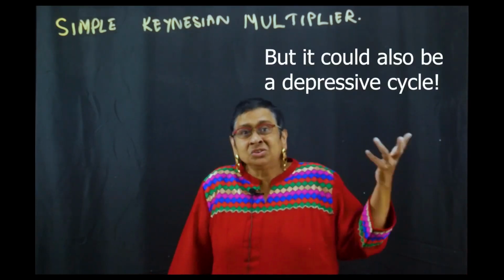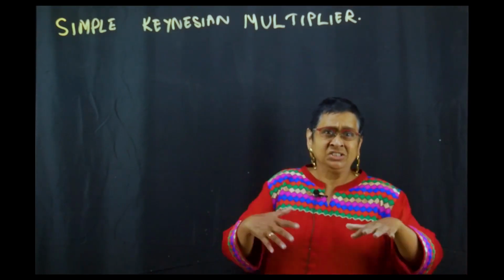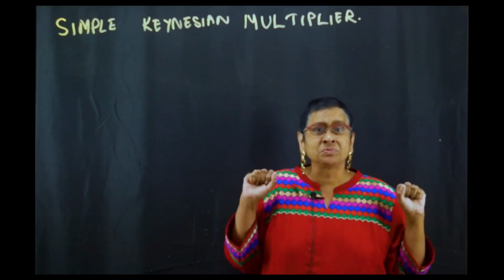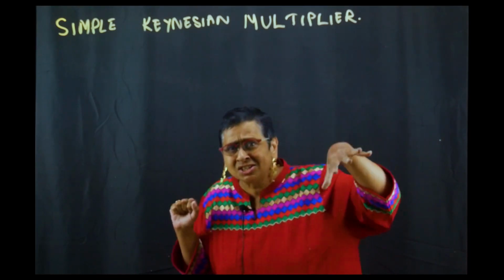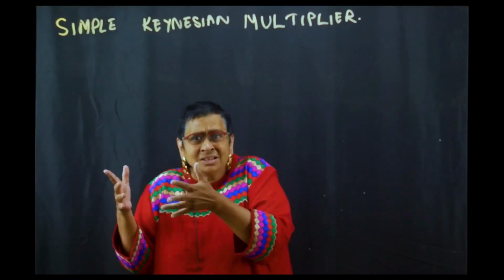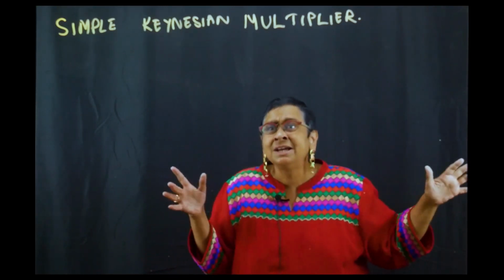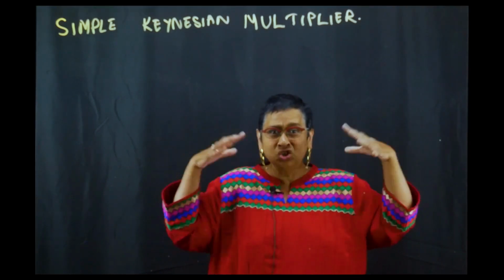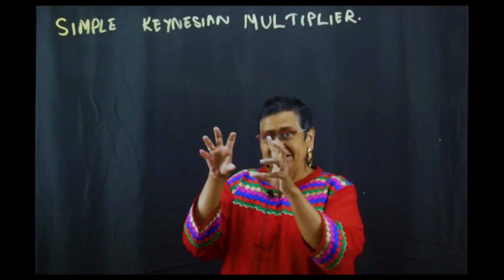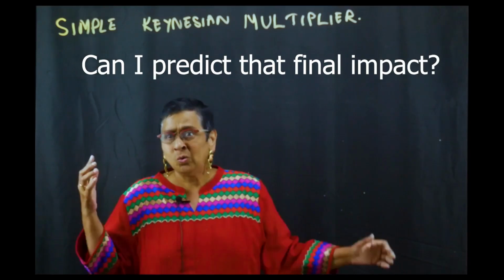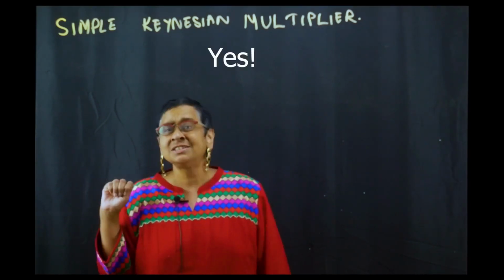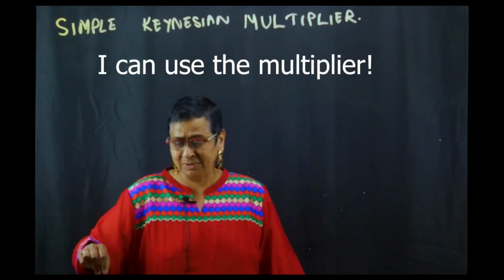Conversely, it could be a depressive, recessionary cycle where there's an initial smaller change and that ripples through the system, and I get a final drop in my income, which indicates a much larger problem than the initial change. So can I figure out what the final impact of a small initial change is going to be? And the answer is yes, I can. I can use the multiplier.